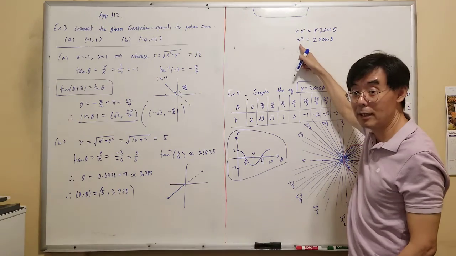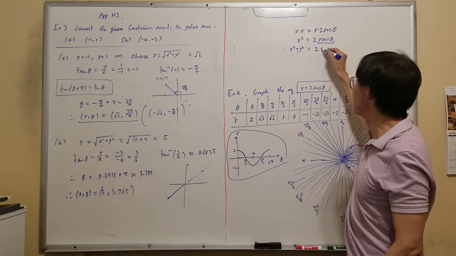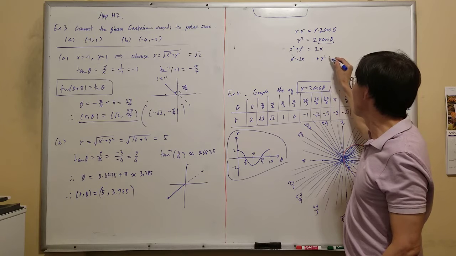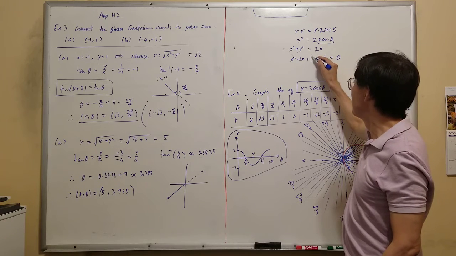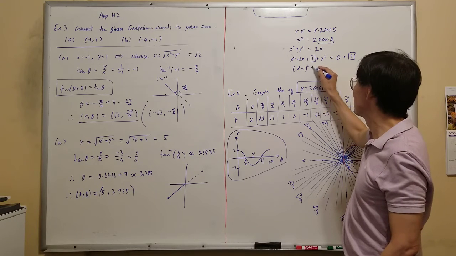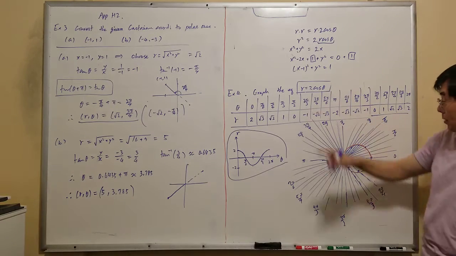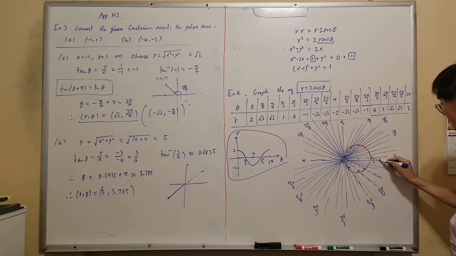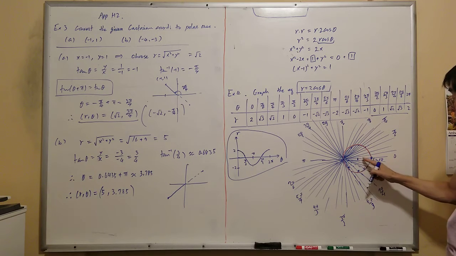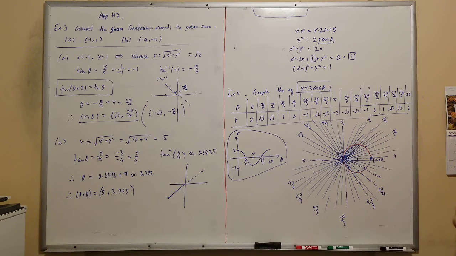And r squared in xy coordinates is x squared plus y squared. r cosine theta is x, so 2x. x squared minus 2x plus y squared equals 0. By adding 1 to both sides, we can complete the square. It's a circle with radius 1 centered at (1, 0). Yes, it looks like it because it goes through (2, 0) and the origin, center (1, 0), so radius is 1. As we can guess.